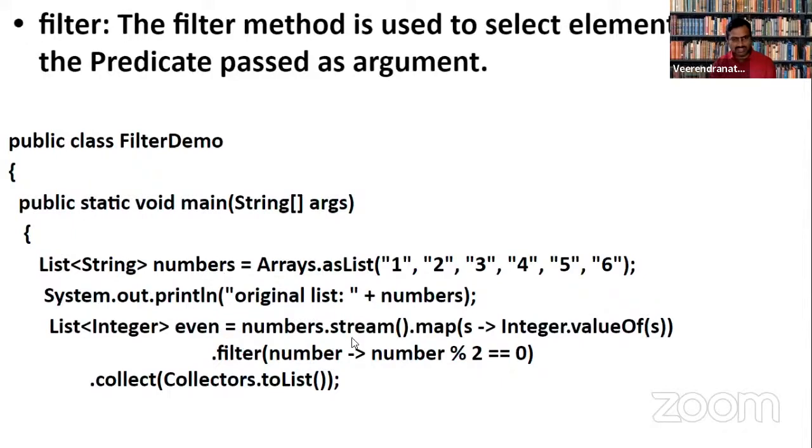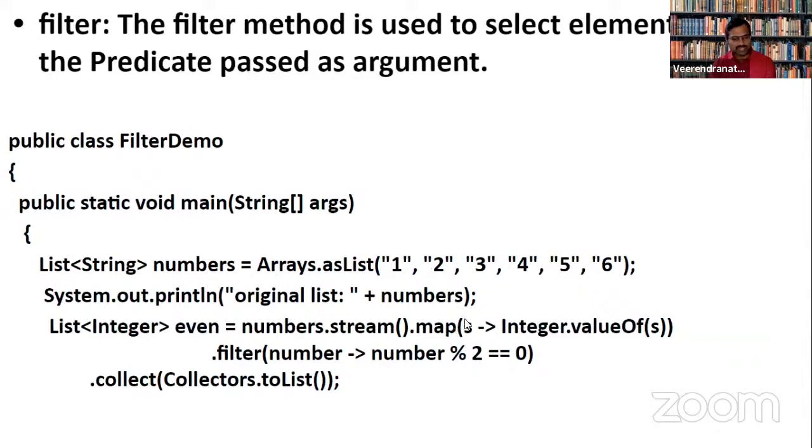Numbers is this stream dot map. So what we are doing here, we are mapping each element from the stream. They might be strings over here, definitely, but I want to convert them into integers.